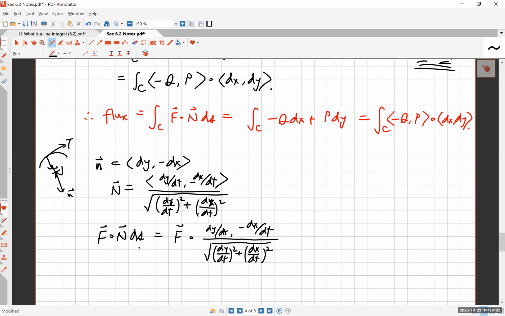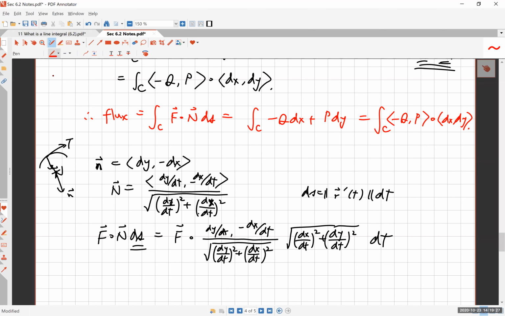Now that's what N is, but what's ds? You remember what ds is? It is the magnitude of r prime times dt. So you can use that. It'll be the square root of (dx/dt)^2 plus (dy/dt)^2, and you take dt here.